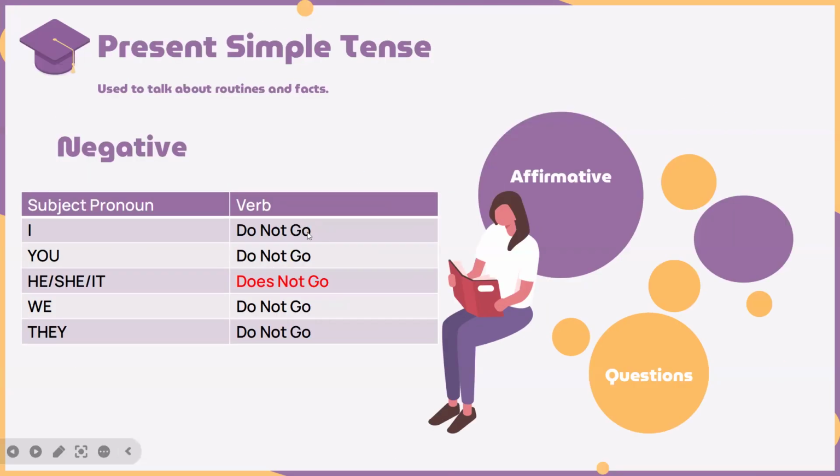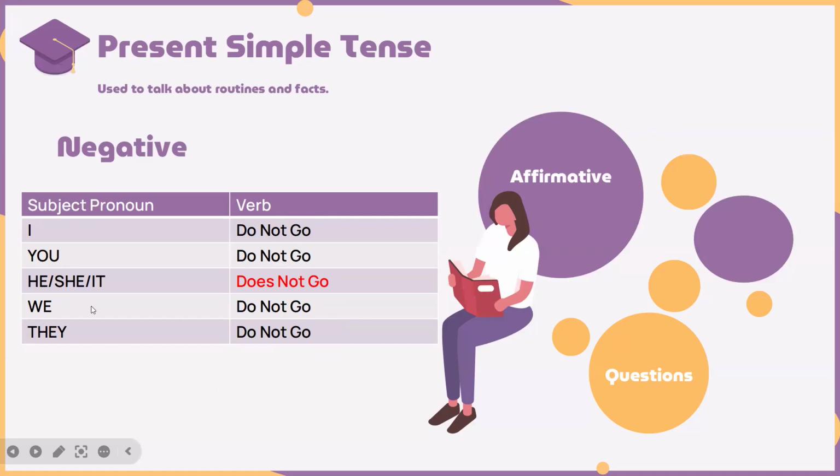If the verbs end in O, it's the same thing, because in this structure, we're only changing the auxiliary verb do. So the other verbs, they have to be the same. It doesn't matter if they end with a consonant, a vowel, the letter Y, CH, or SH, okay? We always have to put them in the base form.